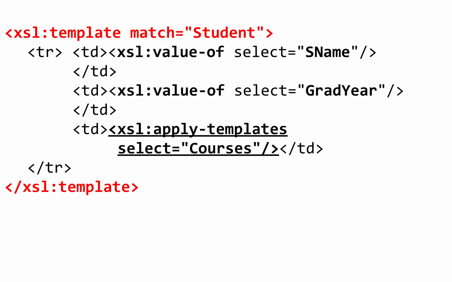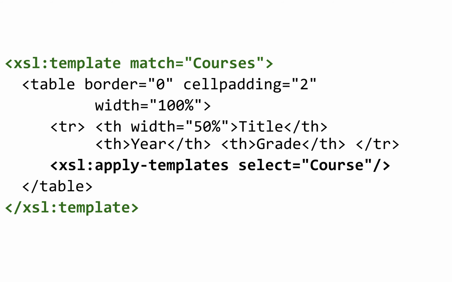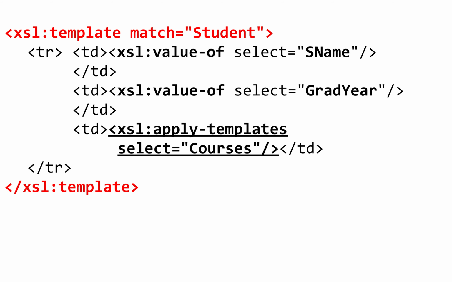It allows you to navigate down through the DOM tree, or navigate up the tree, and navigate the entire XML document. Here it basically says, starting relative to my parent, since I'm inside of the student, take a look at the courses element inside of this current context. So it selects courses, and that is going to match a different template.